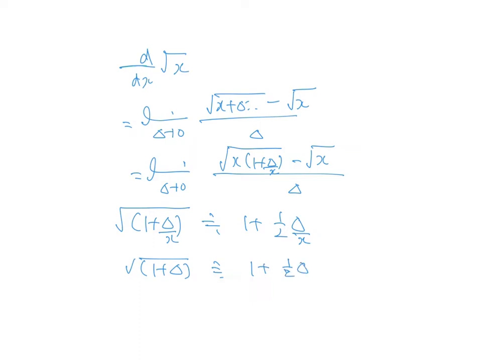You can check. So this becomes square root of x times (1 plus delta over x) to the 1/2, minus square root of x.